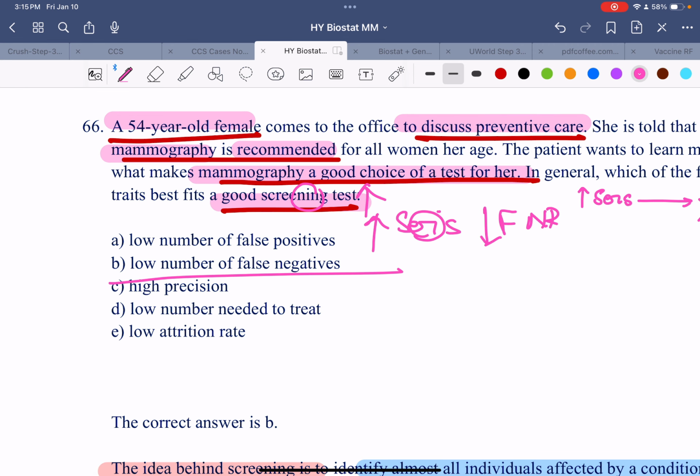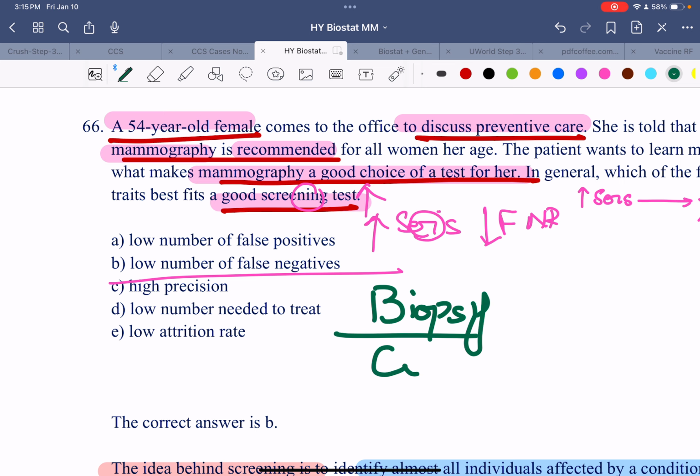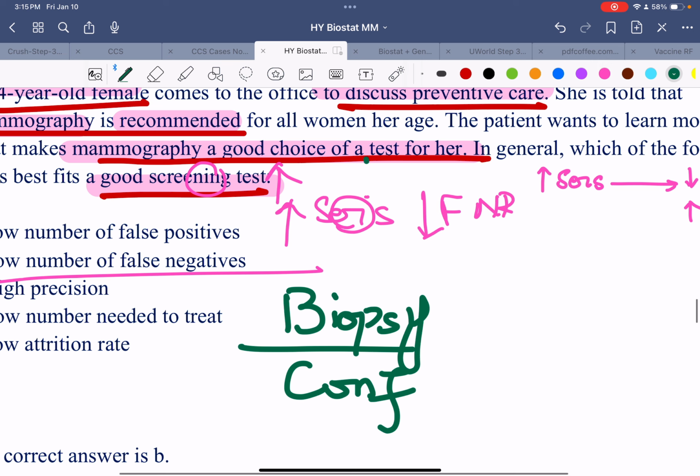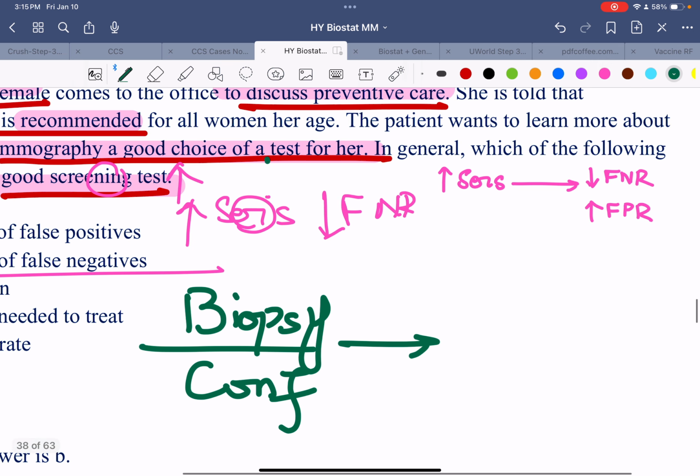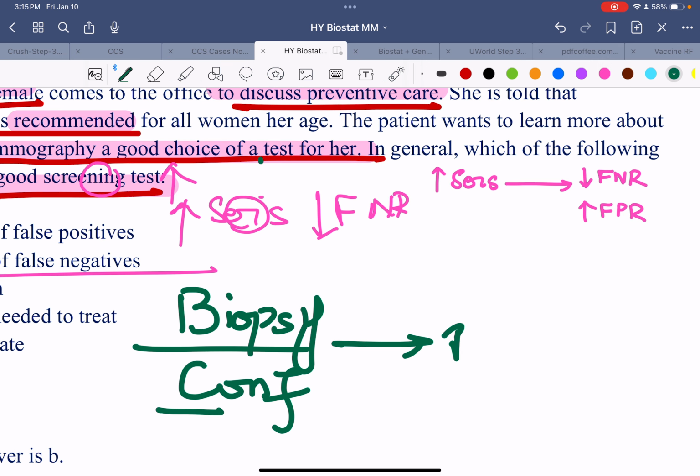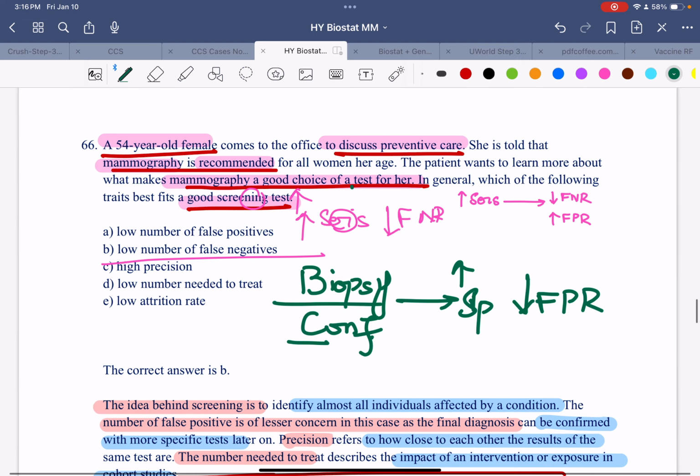Whereas if they said that the patient is concerned about biopsy for her breast lump, and biopsy is the confirmatory test, and she is questioning what makes it a good confirmatory test, then with the C we would have gone with the specificity and the false positive rate. So we would say that a good confirmatory test has high specificity and a low false positive rate.